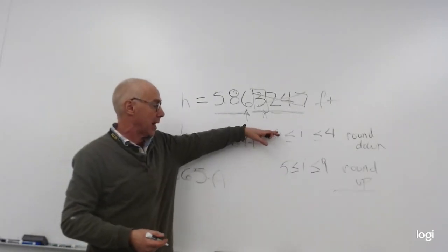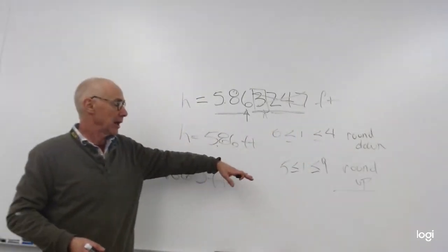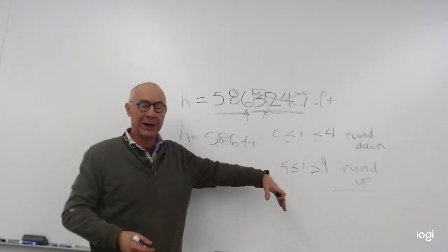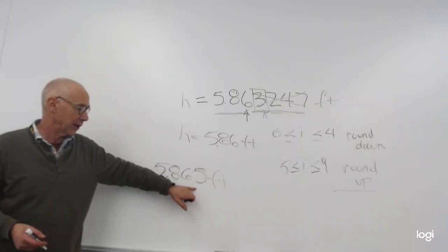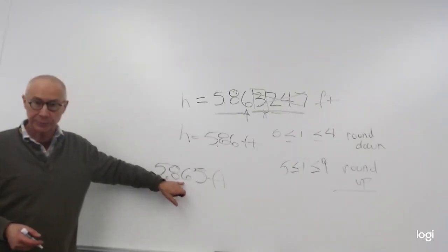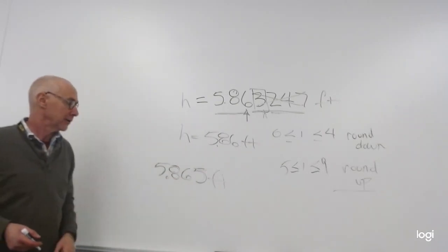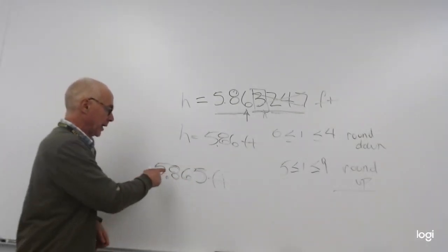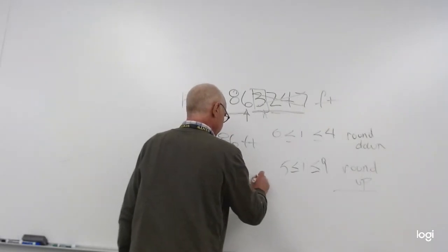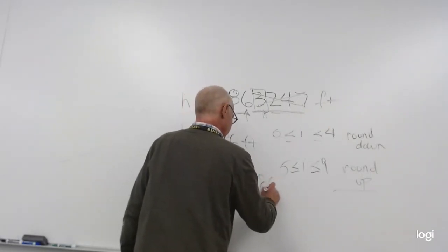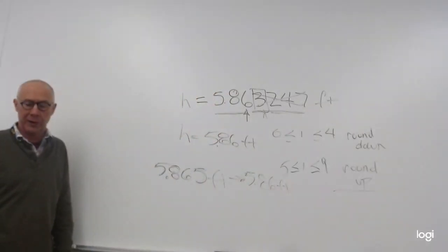These rules apply: 0 to 4, no problem, round down. From 6 to 9 we're going to round up. But if it's 5 like it is here, then if the preceding digit is even, we're going to leave it. If it's odd, then we would change it. So 5.865 goes to 5.86 feet. That's the rounded off result.